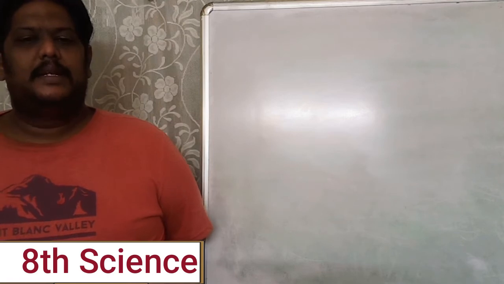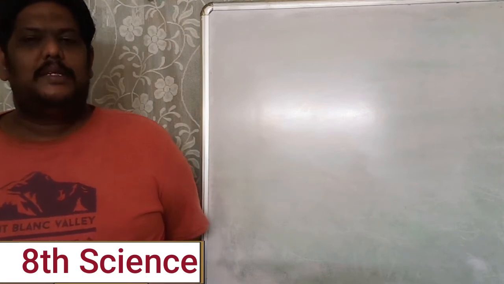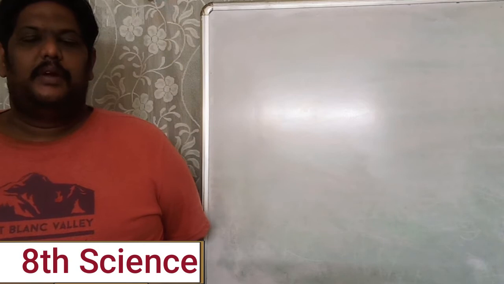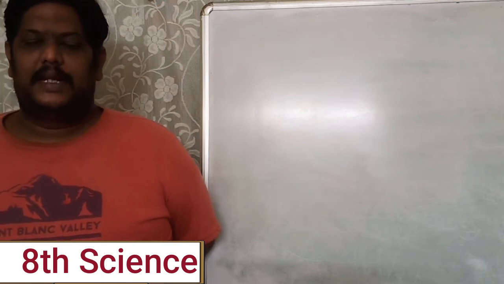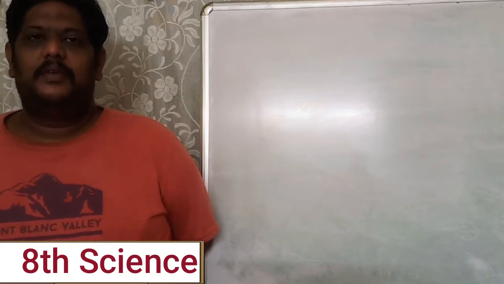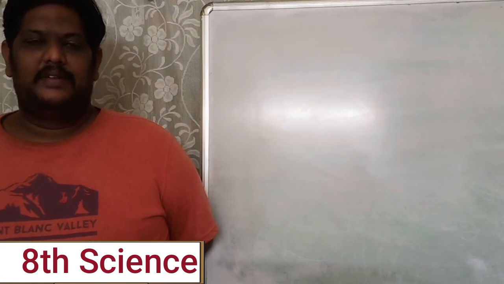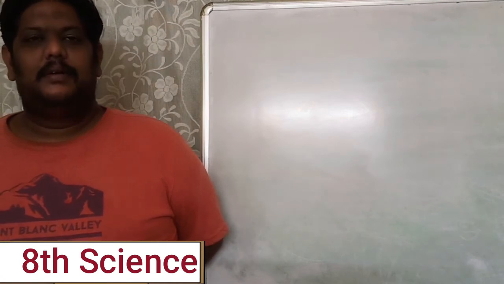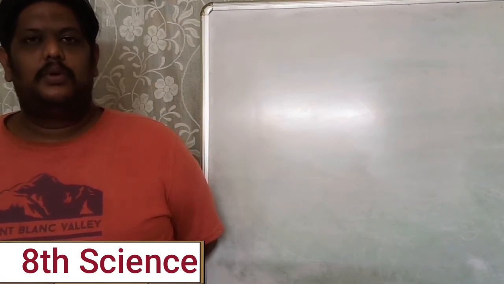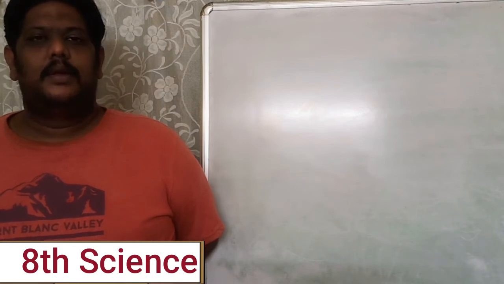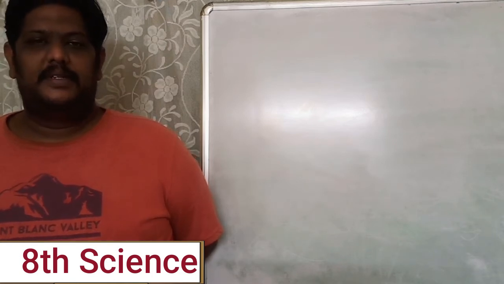Today, we will see the topic diversity in cells. What is diversity? We'll try to understand the word. Diversity, you can say, is different. You might have heard the phrase unity in diversity, right? In our social textbook, you will come across these words, unity in diversity.